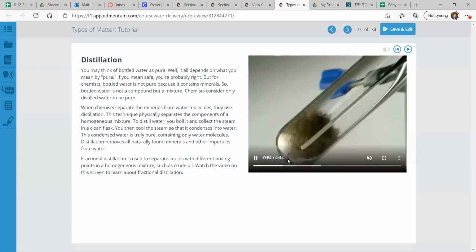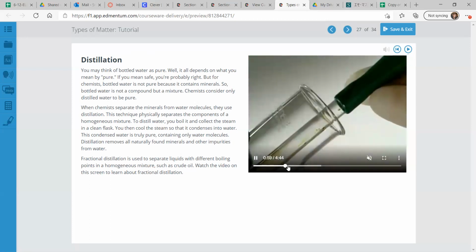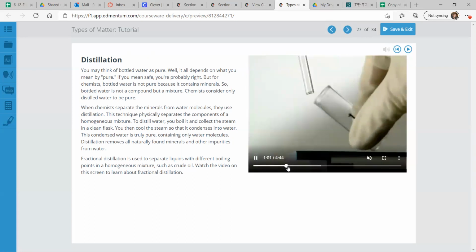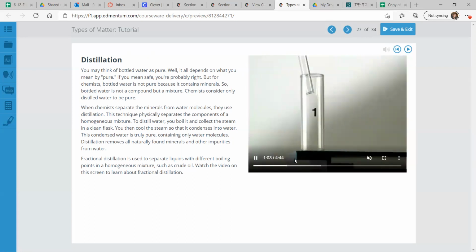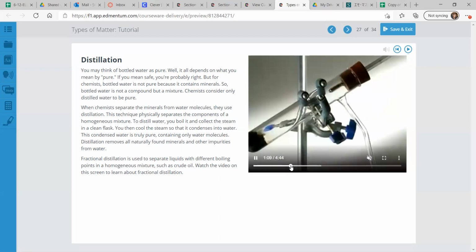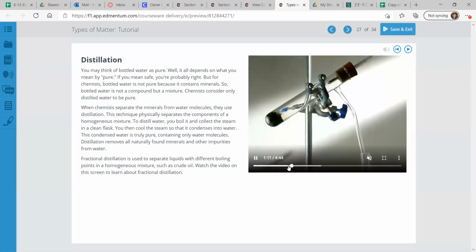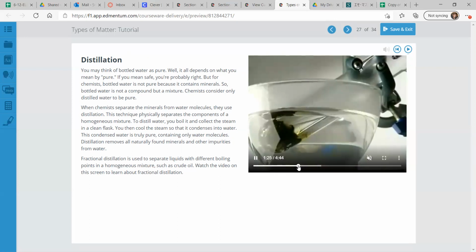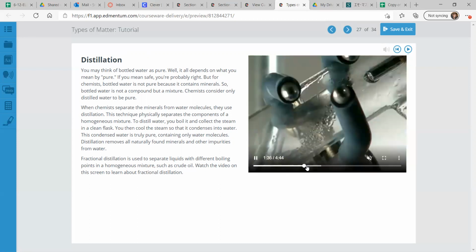So they start out with putting crude oil in the bottom. They have a flask, a thermometer, and they put it in boiling water.